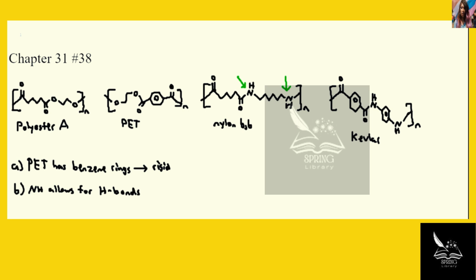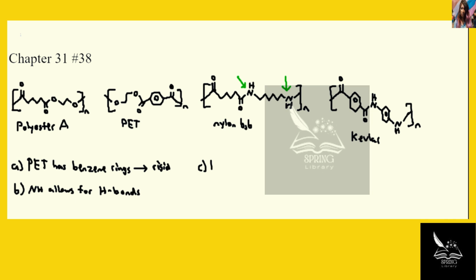Just based on our answers for parts A and B, Kevlar has both features that we mentioned in part A and part B. Kevlar has aromatic rings, which again confer rigidity. And it also has NHs that can do hydrogen bonding.